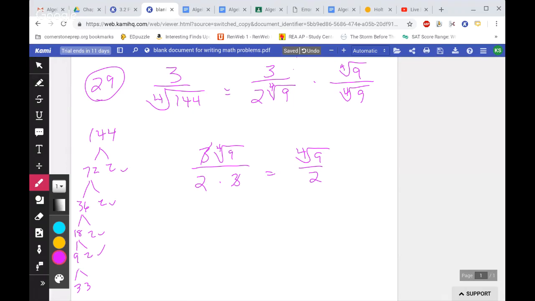Now, do you see a square root within 9? Well, there's 3. So just to show, this is going to be 9 raised to the 1/4, which is equal to 3 squared raised to the 1/4.